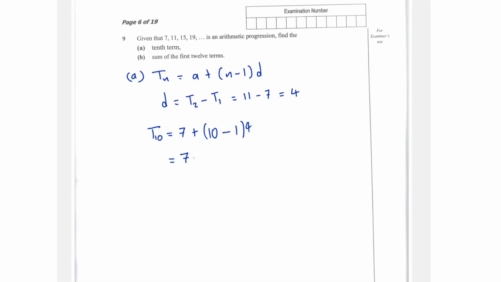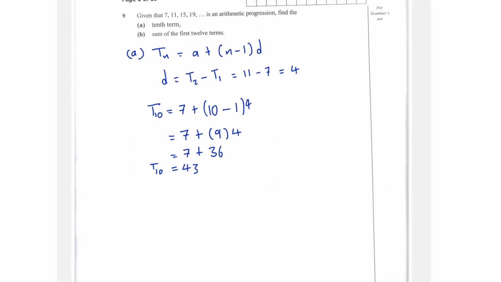We can write 7 plus what we have in the brackets, which is 10 minus 1, it will be 9, and then multiply it by 4. 9 multiplied by 4 is 36. So 7 plus 36 is 43. So your 10th term is 43.